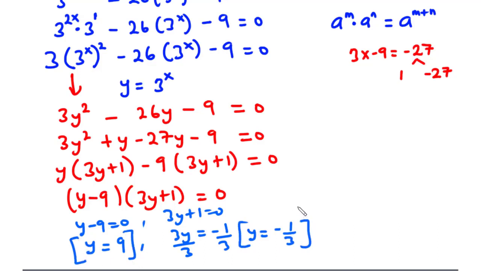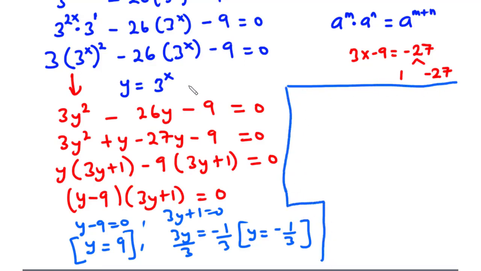Now because we are interested in the values of x, we are going to look for the values of x. So when y is equal to 9, we have 9 equals 3 exponent x.